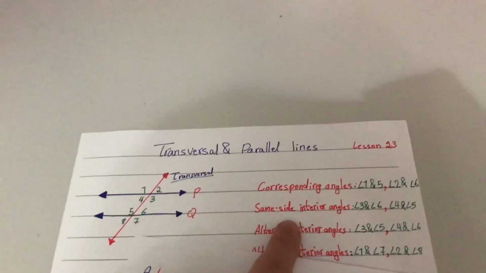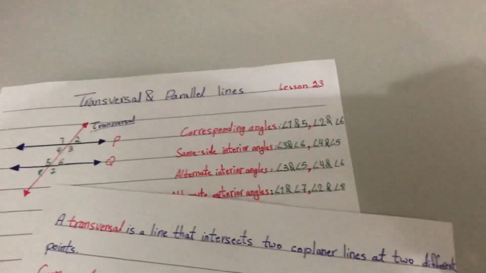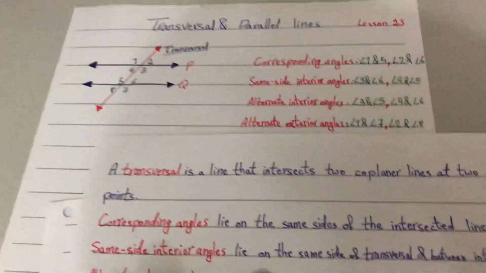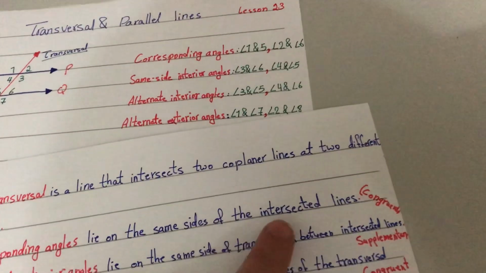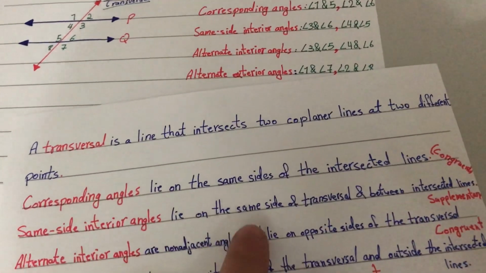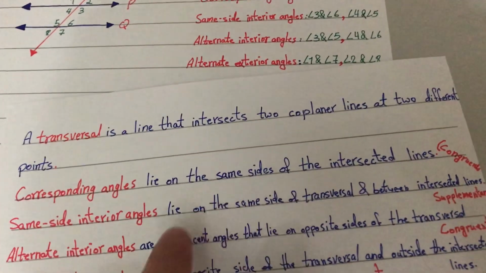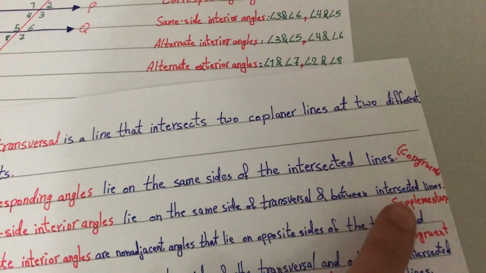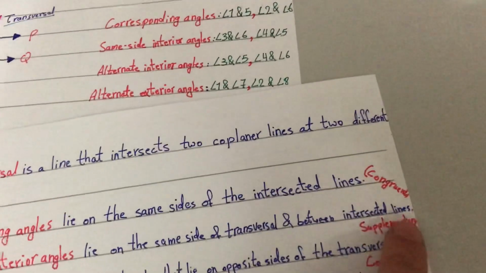And for the same side interior angles, what are they? They lie on the same side of the transversal and between the intersected lines. And they're supplementary.